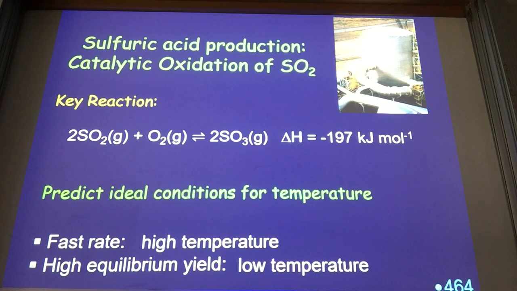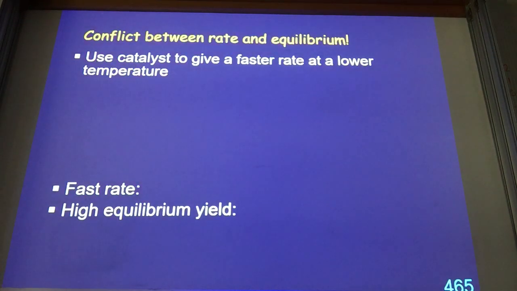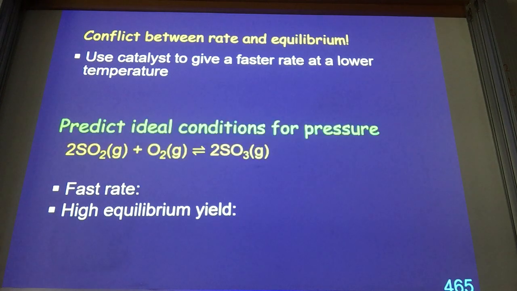So we have a conflict between the temperature requirements for a rapid rate and the temperature requirement for a high yield. What do we do to resolve this conflict? Well, using a catalyst enables us to get a more rapid rate at a lower temperature, which still gives us a decent yield.